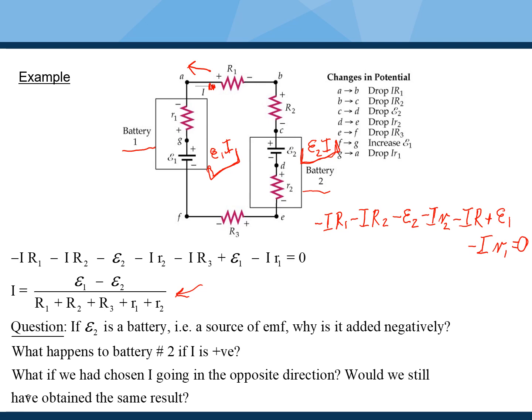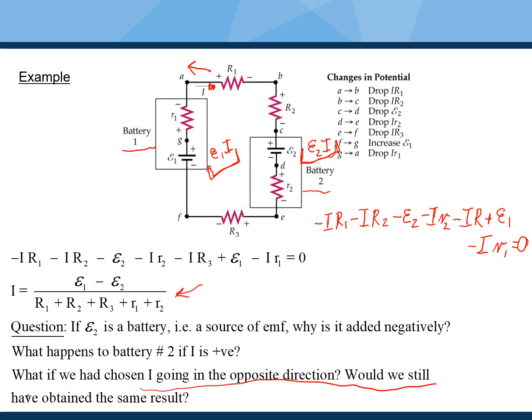At the end of the problem you can backtrack and say that the direction of current flow is opposite to the direction that you have chosen here. So this is a very simple situation where, if we had chosen I to be going in the opposite direction, we could still have salvaged the situation.